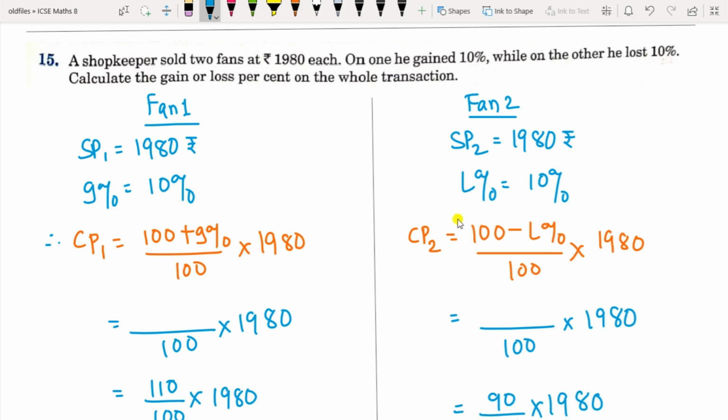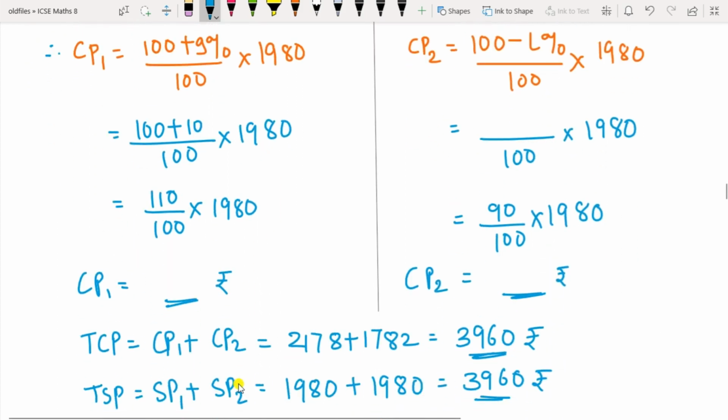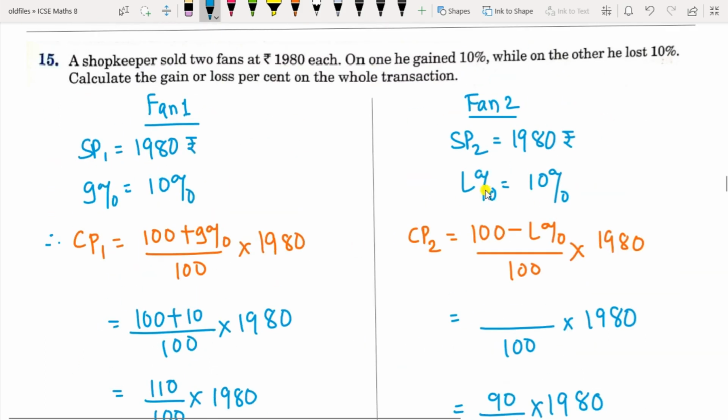For the second fan the loss percent is 10. Accordingly, substitute the formulas and the values. So for the first fan, the value will be (100 plus 10) upon 100 into 1980. Solving this, you get CP1 as 2178 rupees.